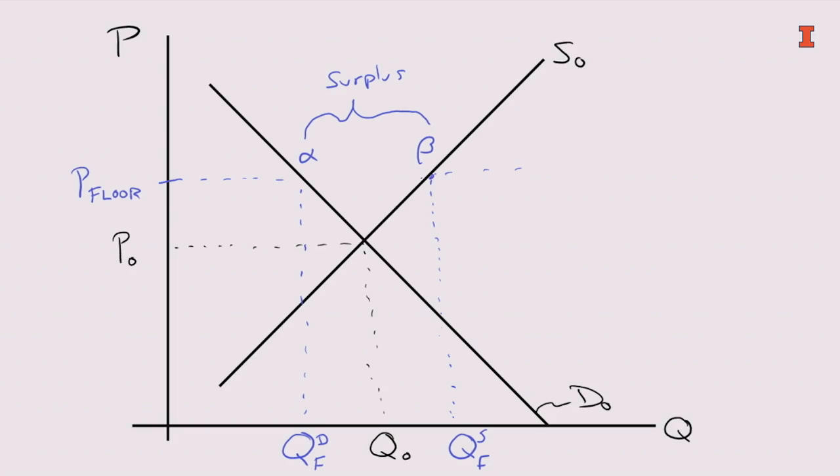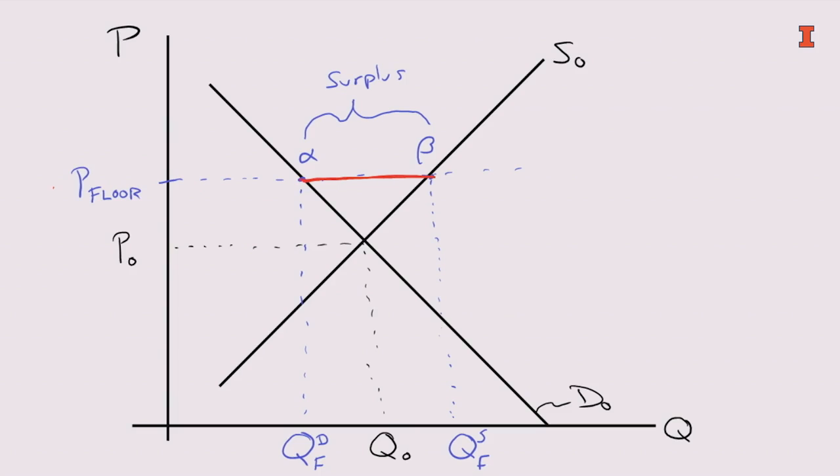The government buys that at that price. The government becomes a buyer and joins side by side with the consumers. On top of the consumers, you add the U.S. government coming in and buying that. And this gap is the amount purchased. How much did they pay for that? They paid the floor price for each unit.